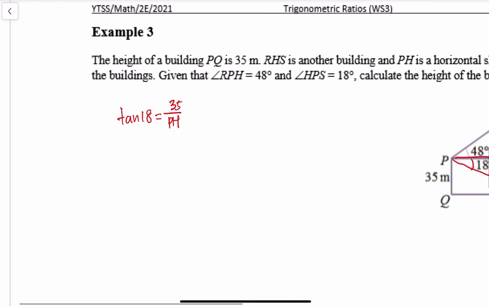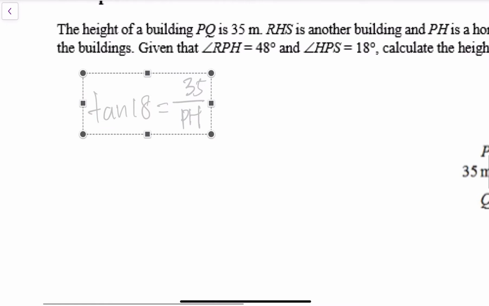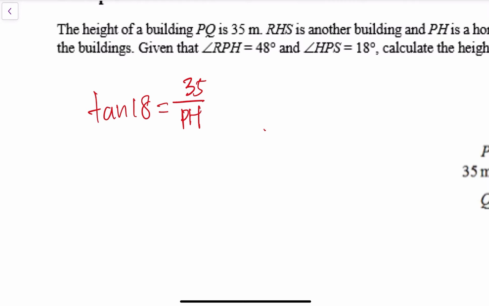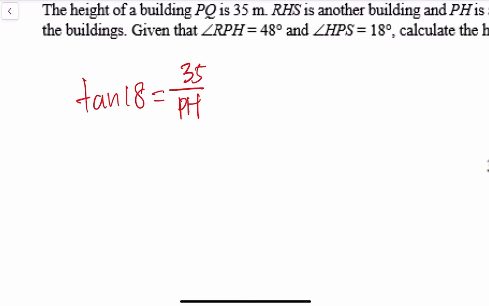So likewise over here, okay, let me just make this bigger. I need to be able to find PH, so I will multiply PH on both sides because I want to remove it from the denominator and I want to divide tangent 18.